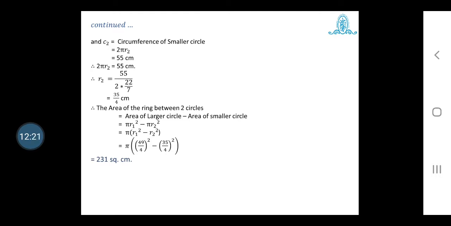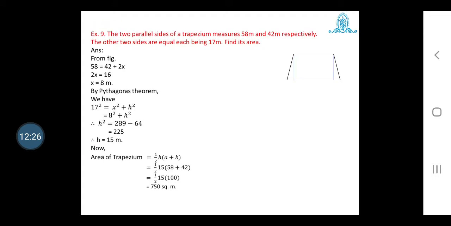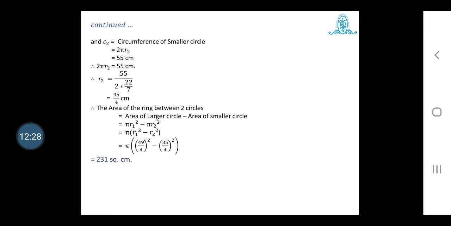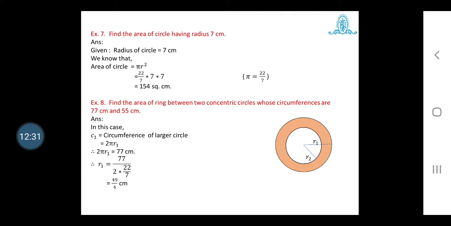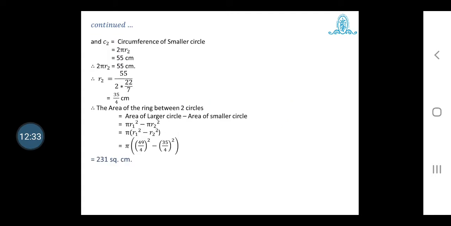So substitute the value of R1, which we already solved in the previous step: the value of R1 is 49 upon 4 and the value of R2 is 35 upon 4. So after squaring both terms and calculating, we get the answer 231 square centimeter. The area of the ring is 231 square centimeter.